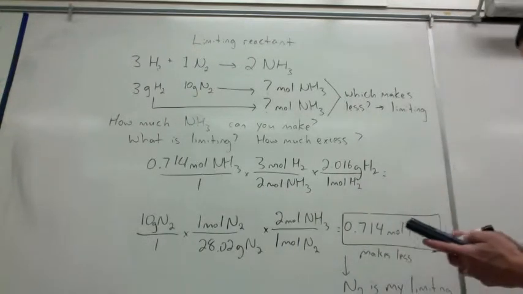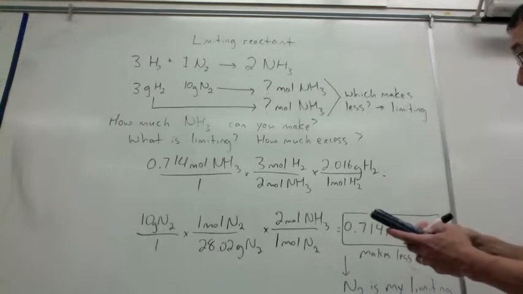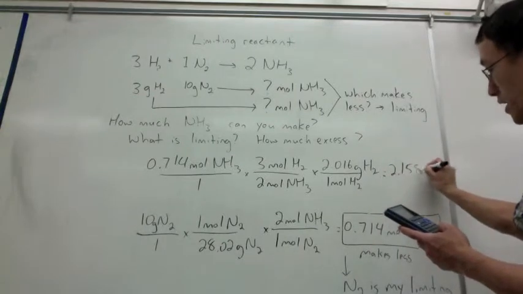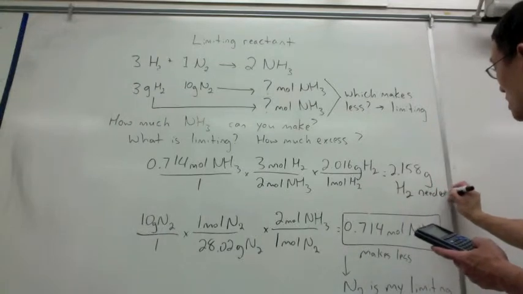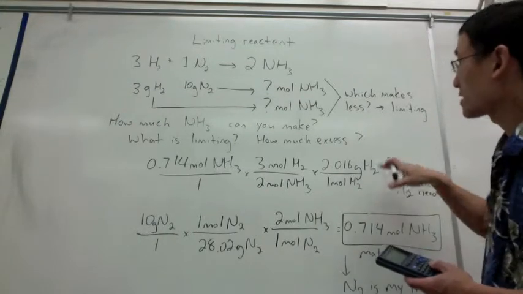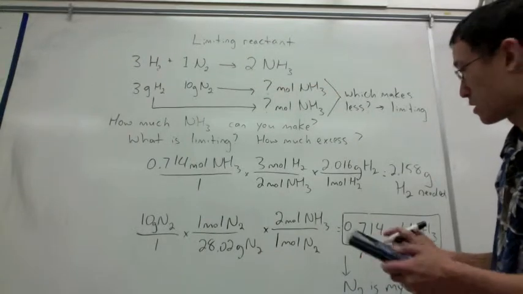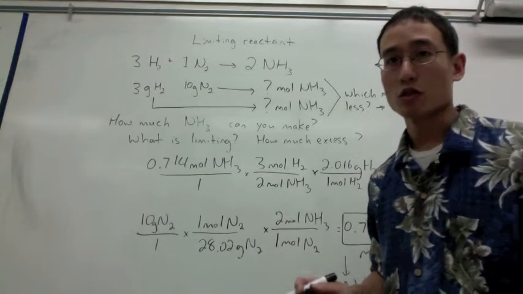And so that gives me 2.158 grams of H2 needed. And from that number, I can take that, subtract it from 3, and that gives me 0.84 grams of H2 that's left over.